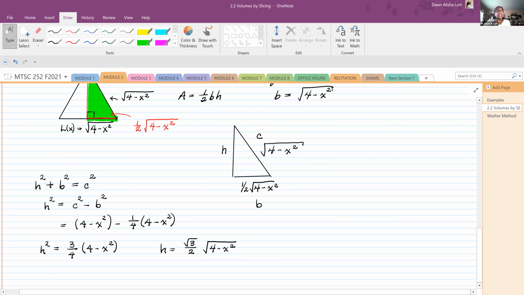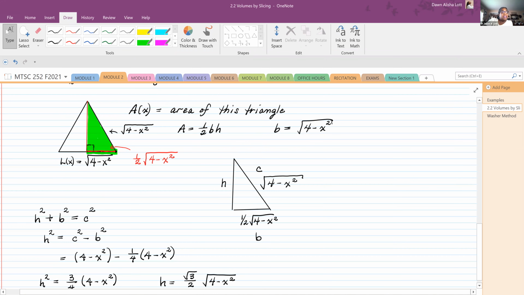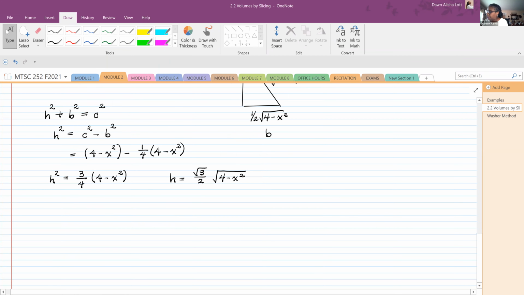So that's all I needed. Okay, all I needed was the height. So now we know the base of the whole equilateral triangle.